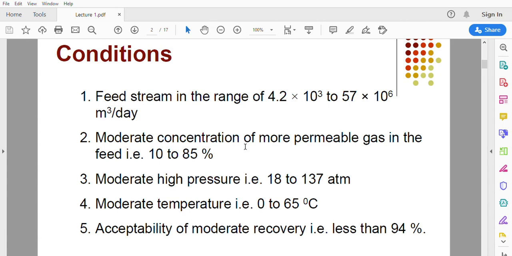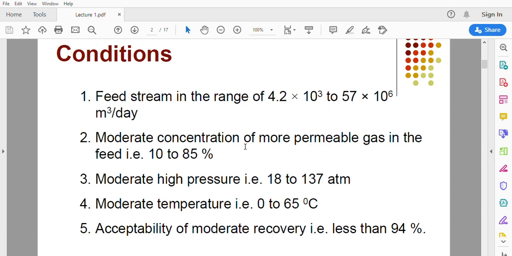Then the last condition is acceptability of moderate recovery, less than 94%. Because this is a membrane based process, the recovery is slightly lower. So you cannot recover 100% of the desired gas from the system, or you cannot recover 99% of the desired gas.